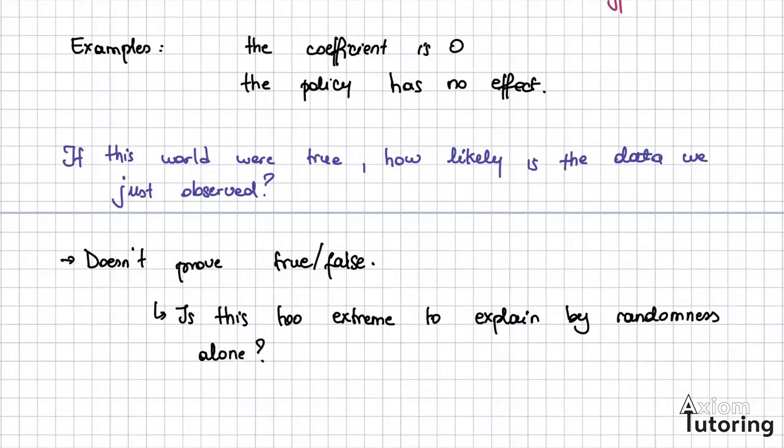And if the answer is yes, the null suggests to explain the data. If the answer is no, then that just means the null remains plausible. So that's all hypothesis testing ever does.